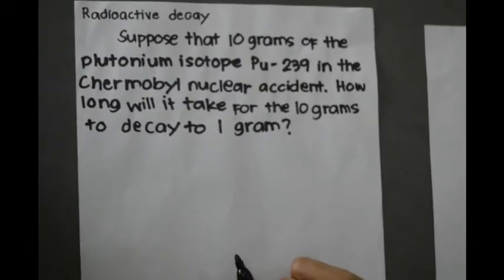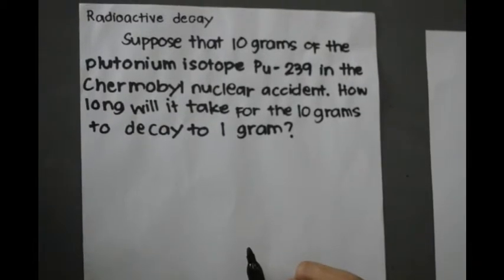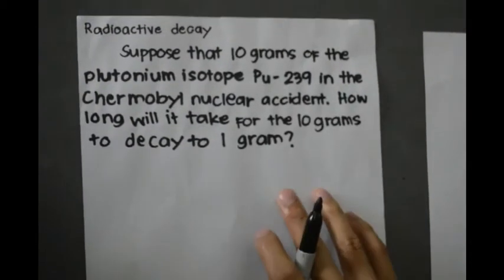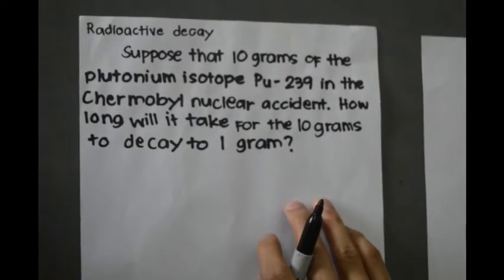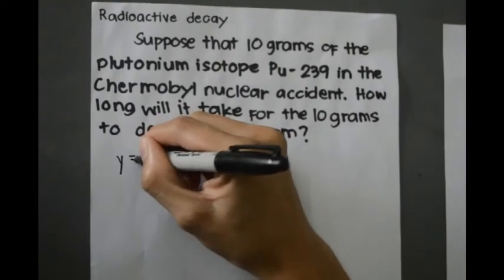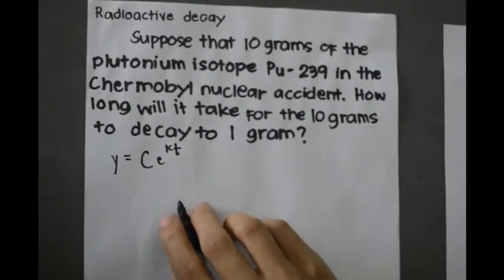Suppose that 10 grams of the plutonium isotope Pu-239 was released in the Chernobyl nuclear accident. How long will it take for the 10 grams to decay to 1 gram? Solution. Let y represent the mass in grams of the plutonium. Because the rate of decay is proportional to y, you know that y equals C e raised to kt, where t is the time in years.